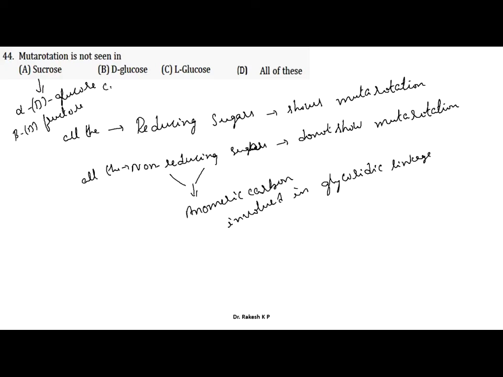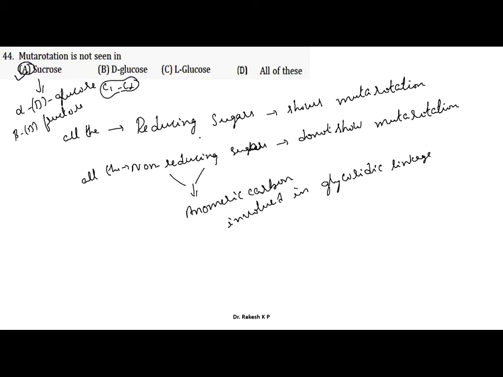The glycosidic linkage is C1 to C2: C1 of alpha-D-glucose and C2 of beta-D-fructose. In glucose, C1 is the anomeric carbon; in fructose, C2 is the anomeric carbon. Hence both are involved in the glycosidic linkage, so mutarotation is not shown by sucrose. Remember this concept: all the reducing sugars show mutarotation, and all the non-reducing sugars do not show mutarotation.